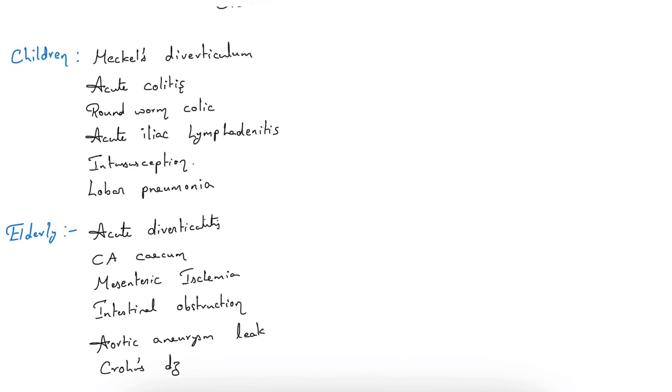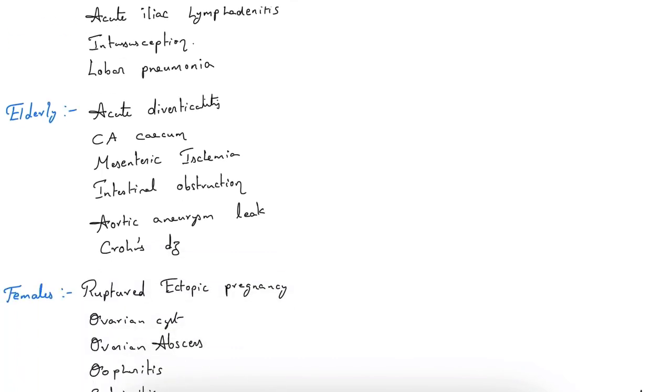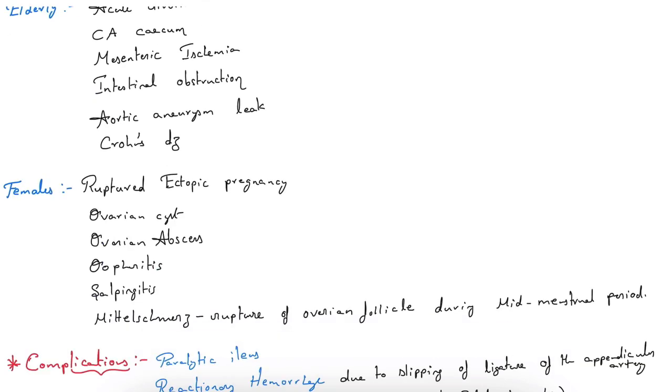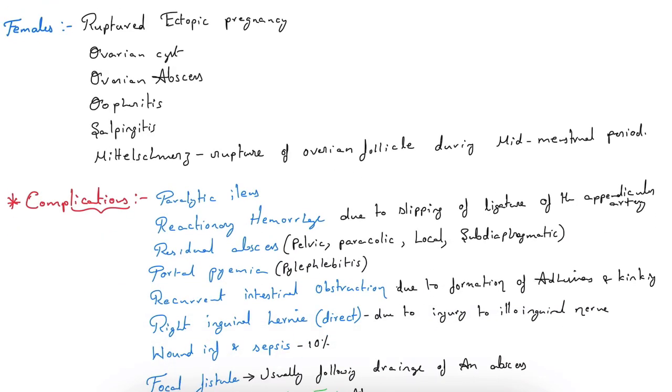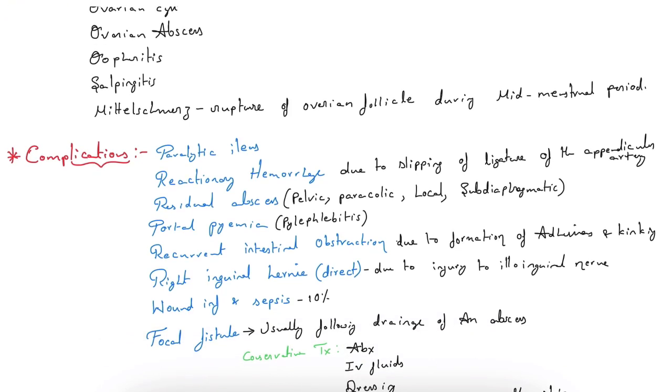In elderly people: diverticulitis and cancer of the cecum, mesenteric ischemia, intestinal obstruction, aortic aneurysm, and Crohn's disease. In females: ruptured ectopic pregnancy, ovarian cyst, ovarian abscess, oophoritis, salpingitis, and metastatic disease. So these are the differential diagnoses we can see.